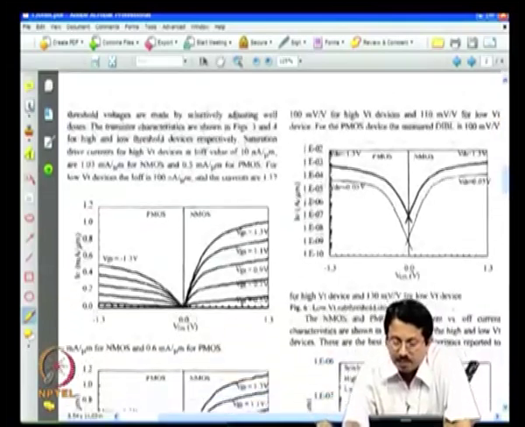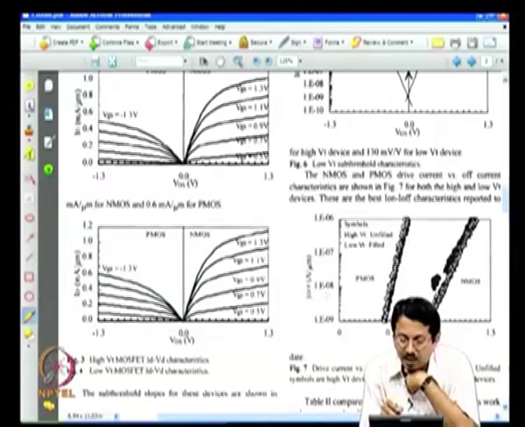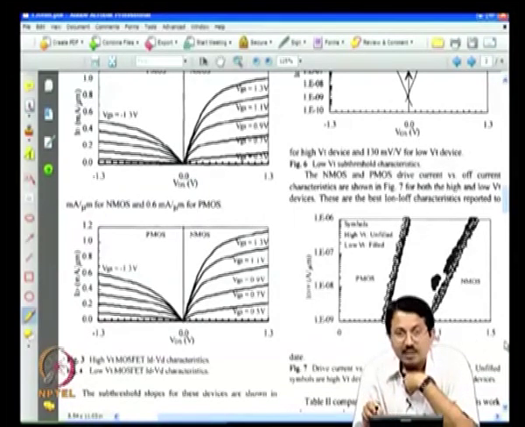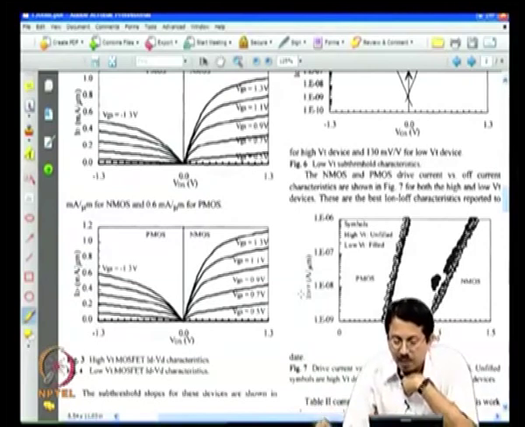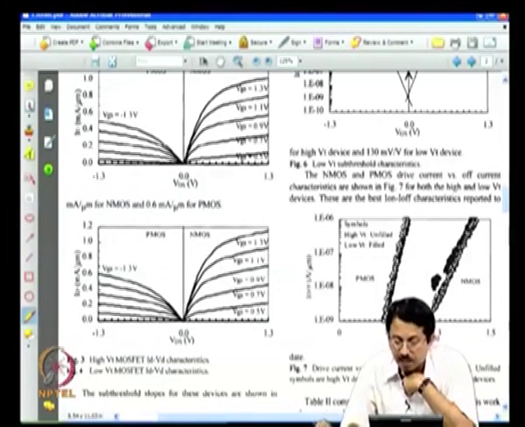And this is again the typical off current versus on current, and they are saying that, again, two flavors, high VT and low VT. There are two flavors of PMOS and two flavors of N channel transistors.